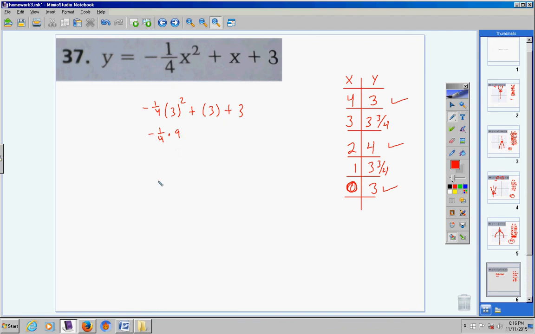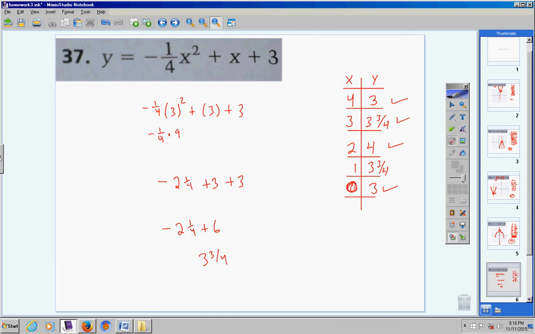Negative times the positive is negative. 1/4 times 9 is 2 1/4. And then positive 3, positive 3. Combine your two positive numbers, you get negative 2 1/4 plus 6. If you're not good at doing these in your head, then use your calculator, but you should get positive 3 3/4, which is correct.